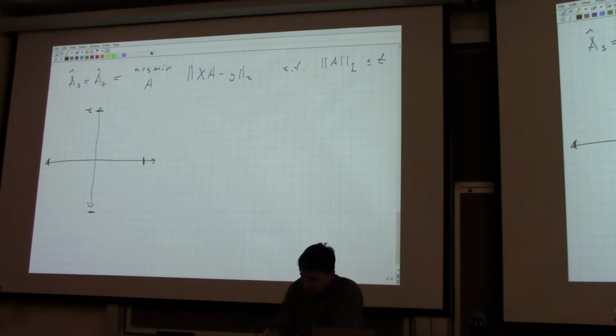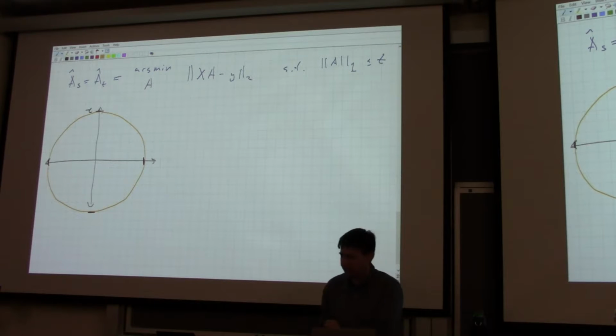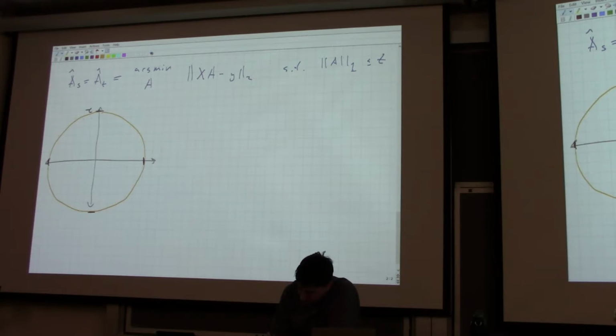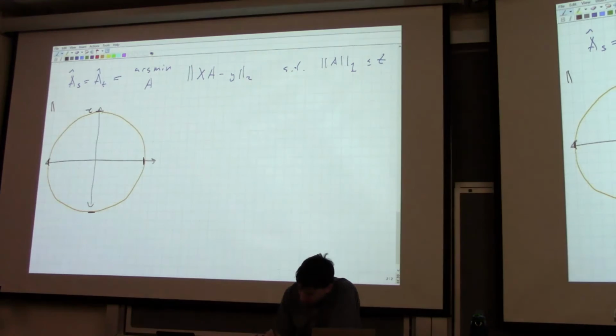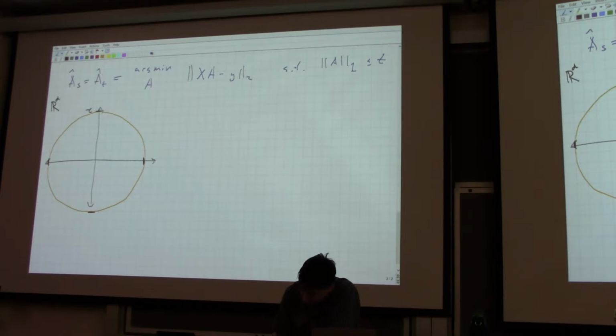If I put an L2 constraint on it, then this vector A, I can think of it in this d plus 1 dimensional space, R^(d+1).